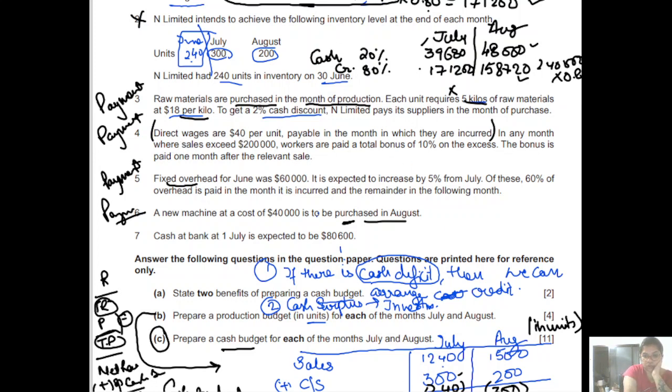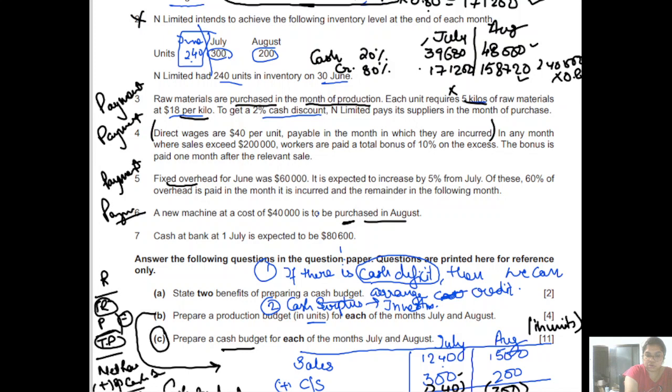So what we are going to do, your wages is based on how many units you produce. 1300 and 1400. So 1300 into 40, that is 52,000. Okay, and 1400 into 40, that is 56,000.